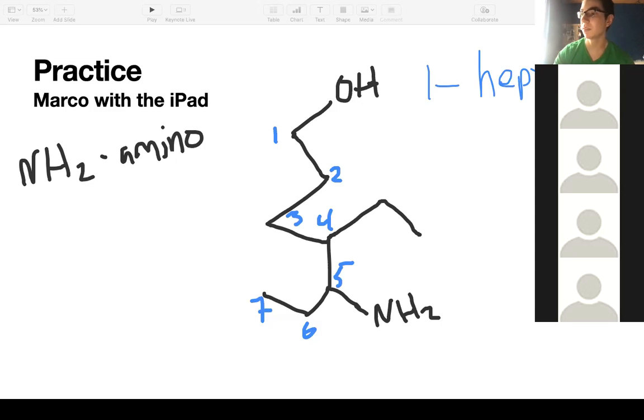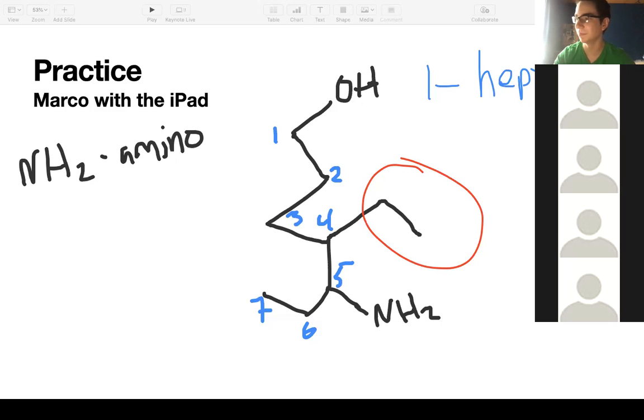So what about this one right here? I kind of already said it earlier, but what do we call a 2 carbon long functional group or substituent? Ethyl.